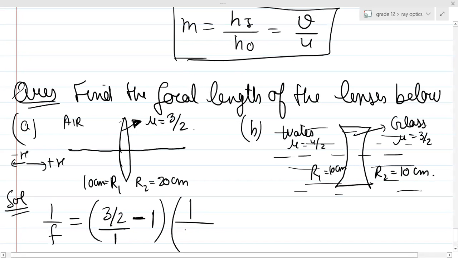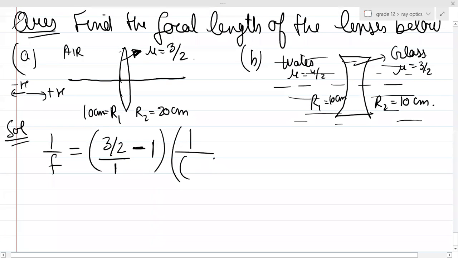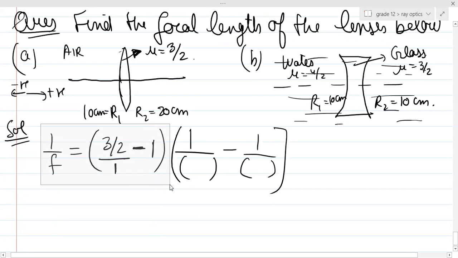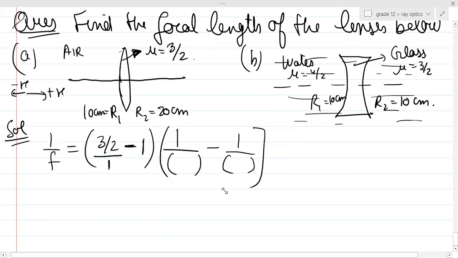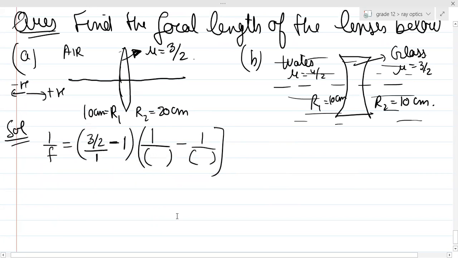Tell me, will R1 be positive or negative? Please tell me guys fast. R1 is positive. So R1 is plus 10, and R2, can you see R2 is curved towards the left, right? So hence minus 20. You need to see where exactly it is curved.